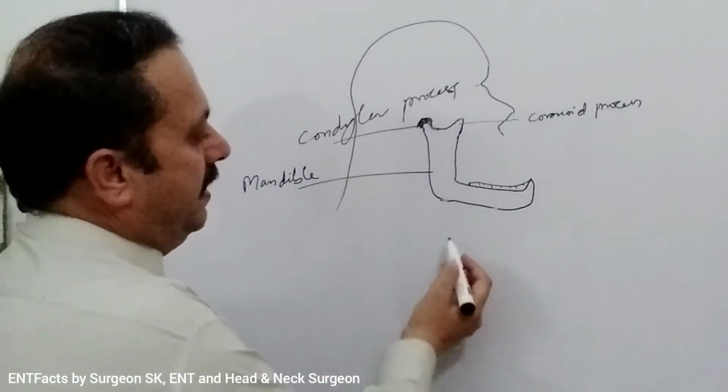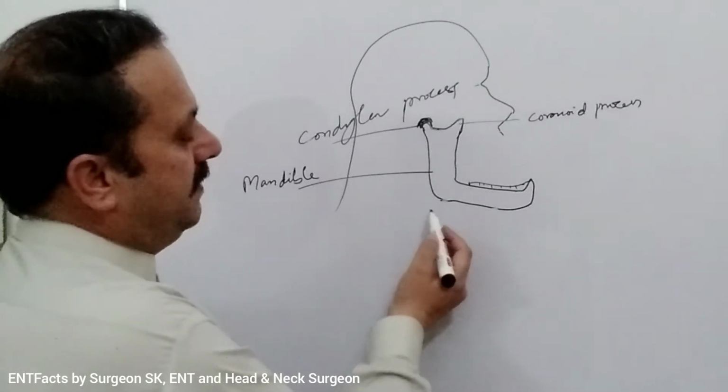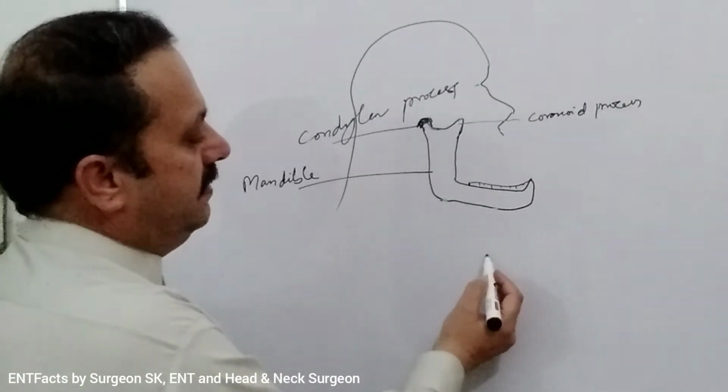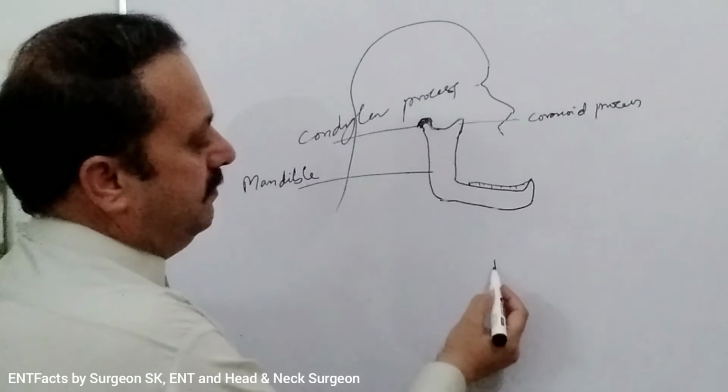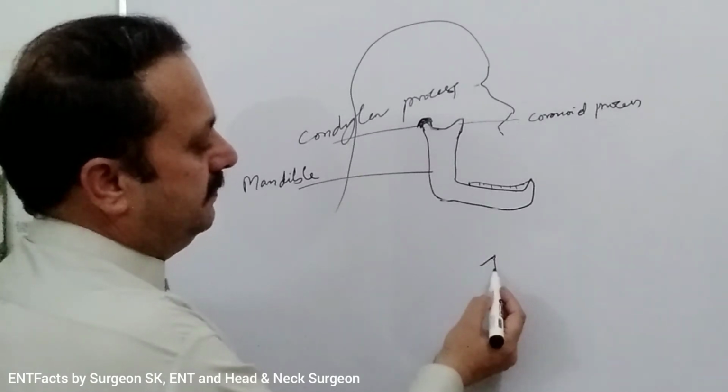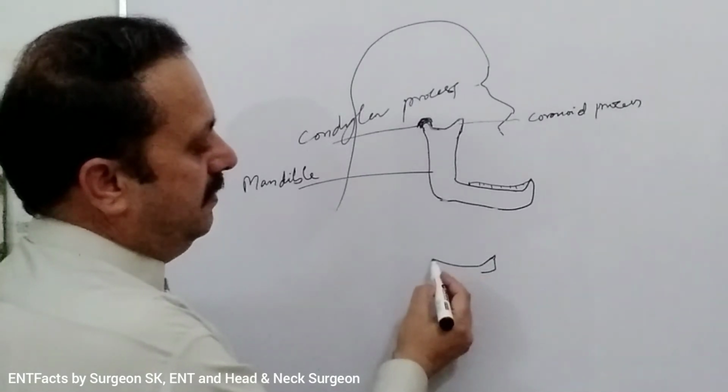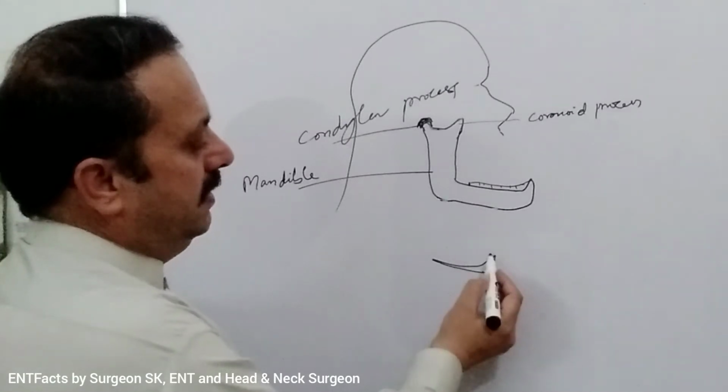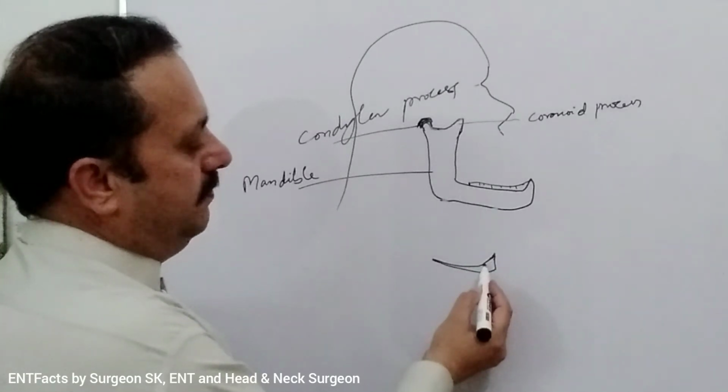Now, if you see the neck from the side, as I mentioned before, if I draw here the hyoid bone like this, with the greater cornu here and the lesser cornu here, and this is the body.